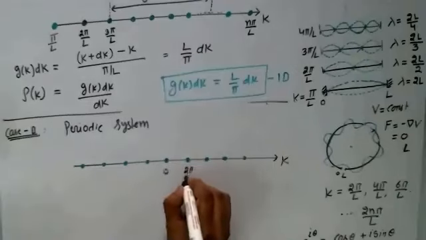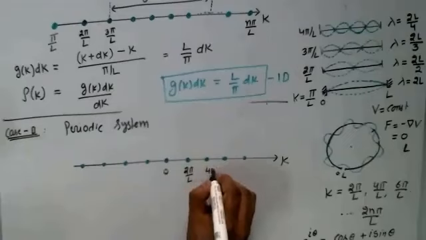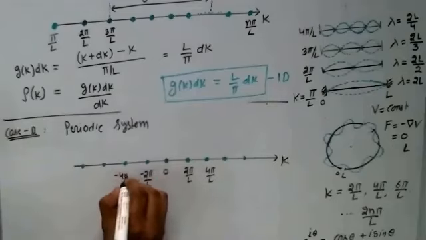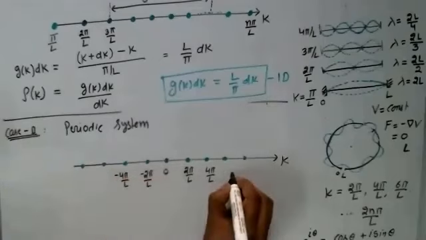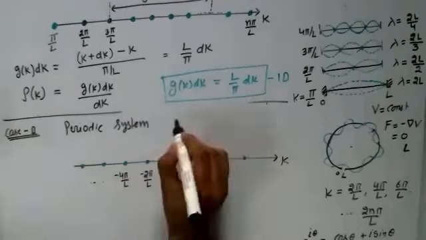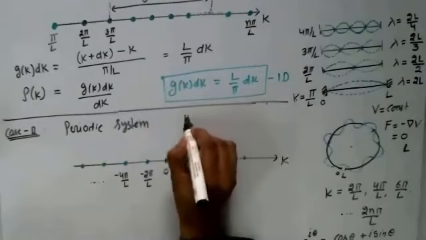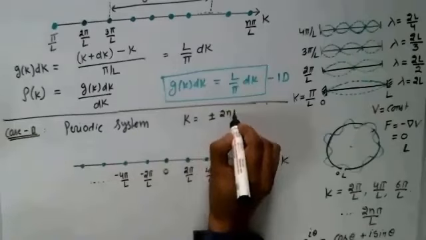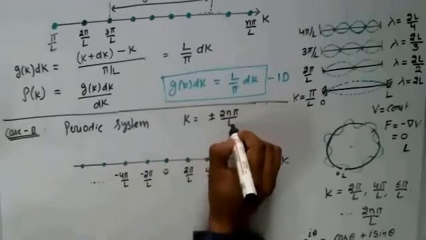Here you can say 2 pi by L, then here you can say 4 pi by L. On this side, minus 2 pi by L, minus 4 pi by L, and so on. Because k is what? k is plus minus 2n pi by L.